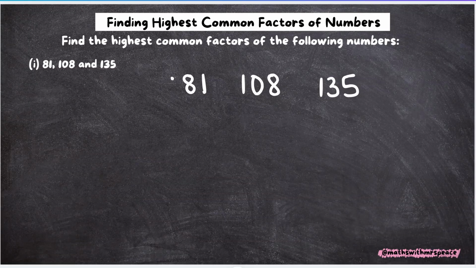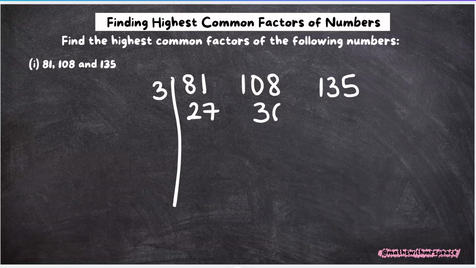Now the first factor that is common between all three numbers will be 3. 81 divided by 3 will give us 27. 108 divided by 3 will give us 36. And 135 divided by 3 will give us 45.